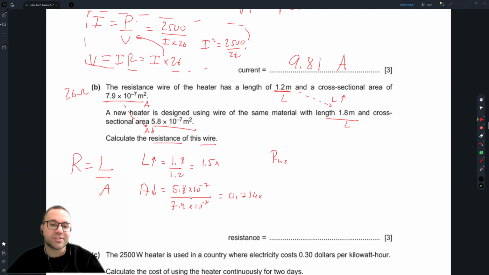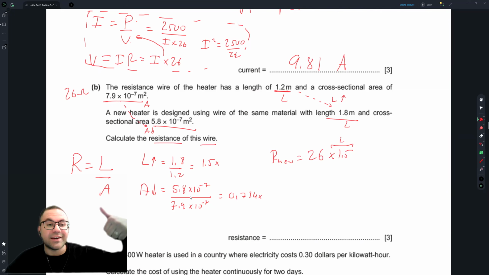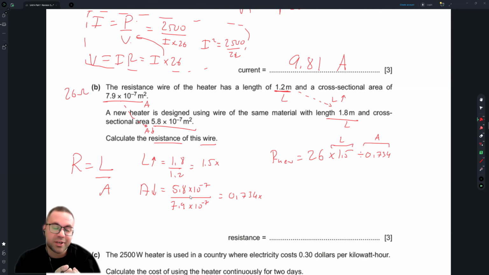So what's the value of the new resistance? Okay, the old resistance was 26. The length increased 1.5 times, so it increases by 1.5 times. This is because of the length. Then the area decreased by 0.73, right? So we divide, not times, by 0.73. That's your area. Look at this. I take the old resistance multiplied by whatever the length has changed by and divided by whatever the area has changed by.